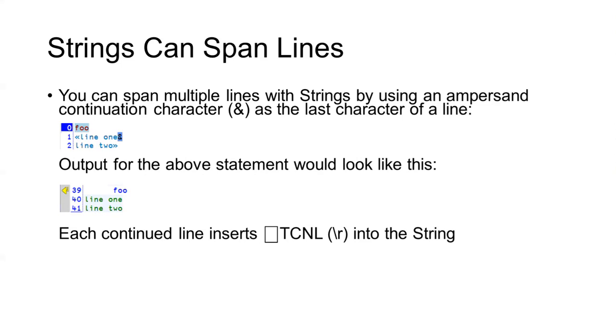So we've got line 1 and then a new line and then line 2. And the output of that, if we executed foo, would be line 1, line 2. There's basically a newline inserted into the string wherever we have a new line in the multi-line string that we have formed.